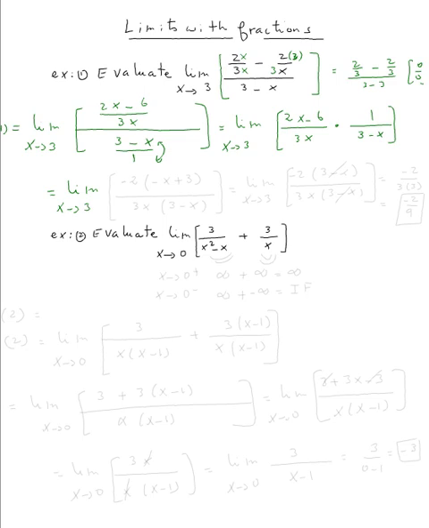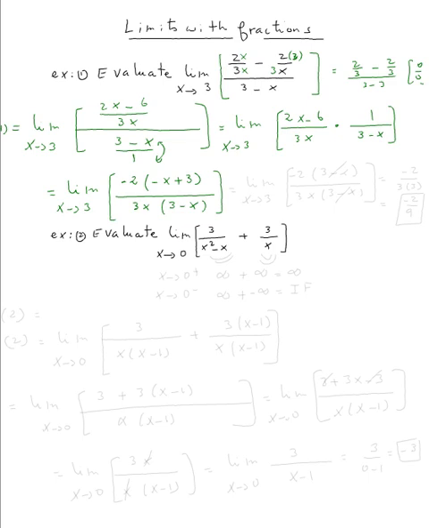If we factor negative 2 on the top, we get minus x plus 3. And then the bottom is 3x times 3 minus x.